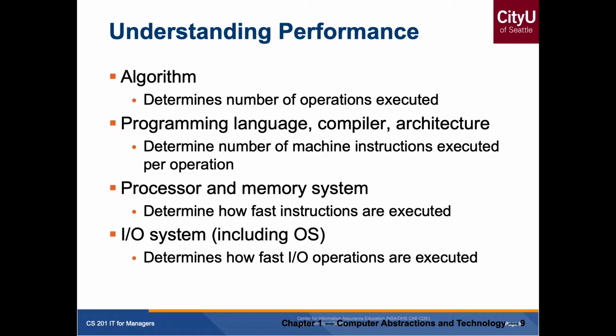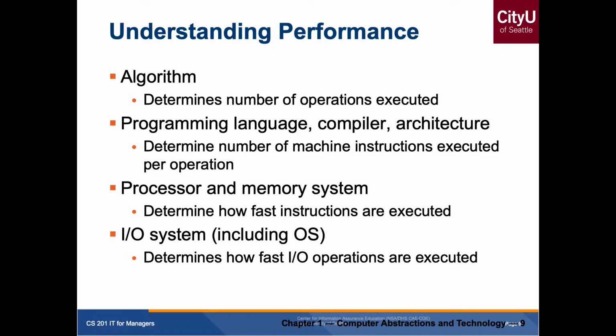For performance, you do need to know algorithm. Algorithm is basically a way to check the number of operations executed, irrespective of the processing power, right? Programming language, compiler architecture, it also determines if your programming language is low level, meaning closer to the machine, definitely it's more performant, right?